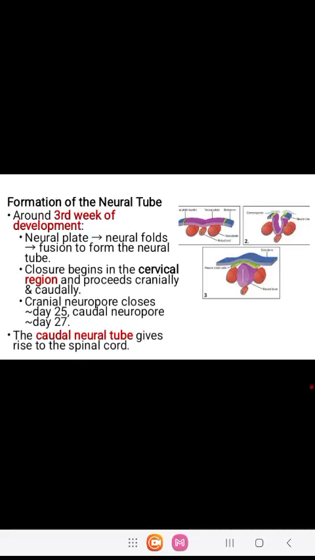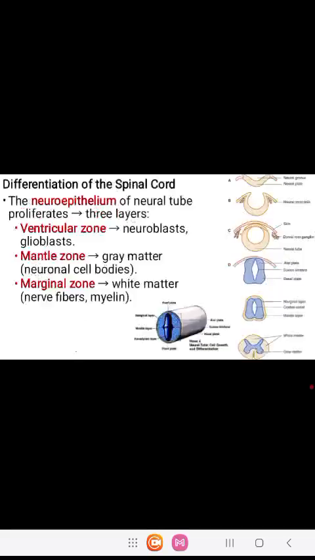This neural tube, which becomes the neuropore, closes at the cranial region and caudally. The cranial part closes at about 25 days of embryonic life, while at day 27 we have the complete closure of the caudal neuropore. It is this caudal neural tube that becomes the spinal cord. So this is just a recap, as I've said earlier.